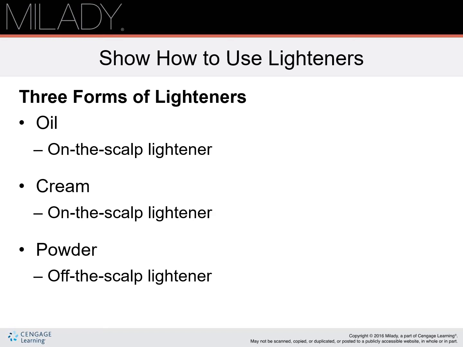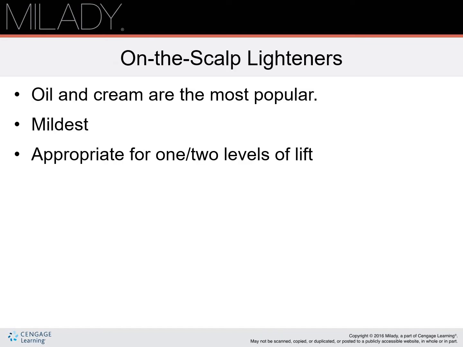Okay, oil and cream, they are very, very easy to apply. Oil lighteners are the mildest. They are appropriate for 1 to 2 levels of lift, so you're not going to use an oil lightener to get a lot of lift. Very minimal. Cream lighteners are strong enough for high lift blonding, but conditioning agents give some protection in the hair and scalp.